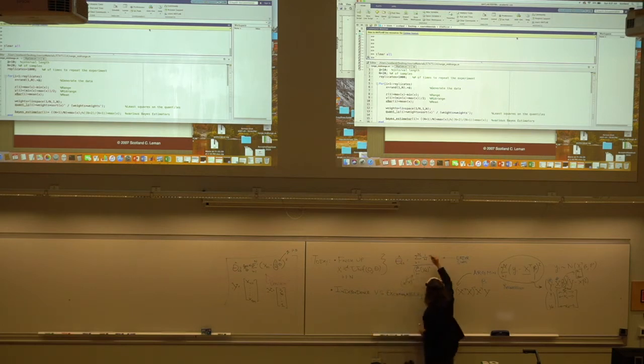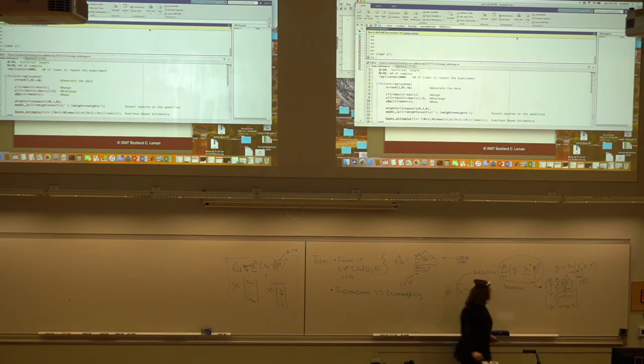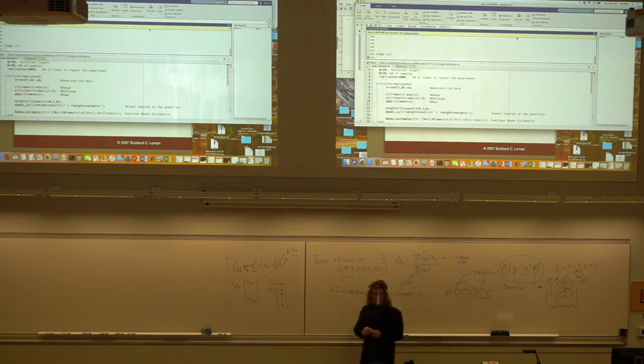These are my X transpose, if you will, and those are my Y's. So this solution that we just wrote down, this part is the numerator. This part is our denominator. So I can solve the problem exactly the same.